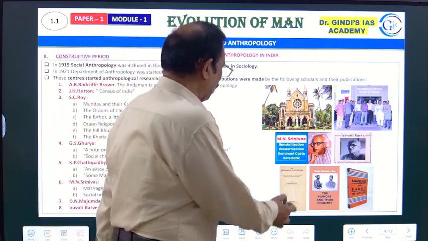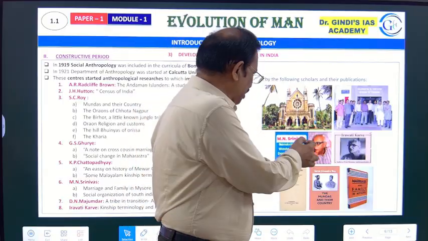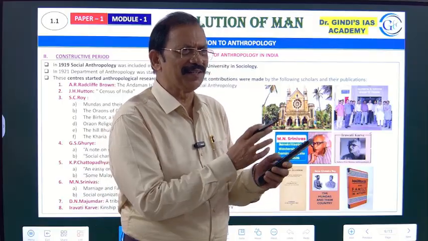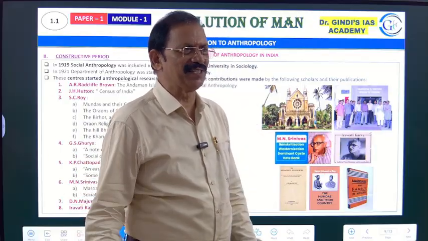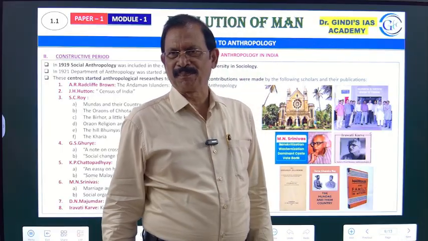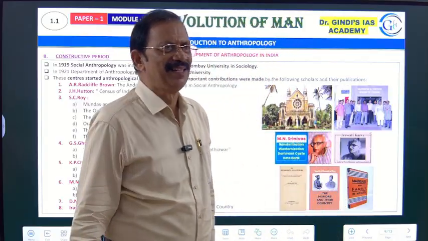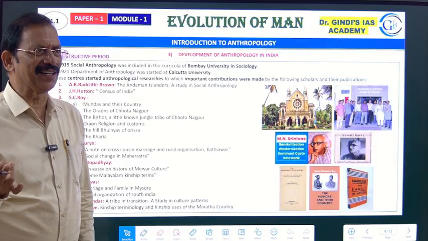Take for example M.N. Srinivas. I have mentioned most of the people who contributed, but I cannot explain everyone in this class. Even if I brief the information, you can see a lot of information is there. As part of your UPSC syllabus, you come across so many terminologies, Sanskritization, Westernization, like this.